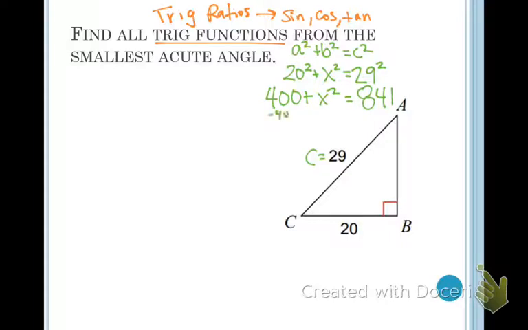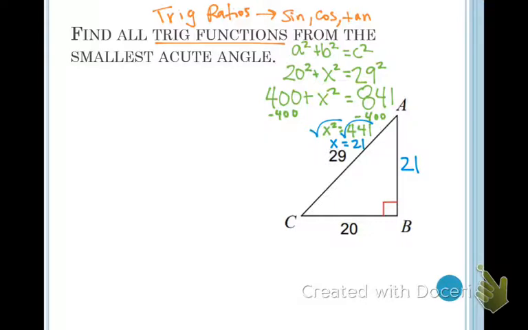Subtract 400. x squared equals 441. Take the square root, and x equals 21. So our missing side is 21.